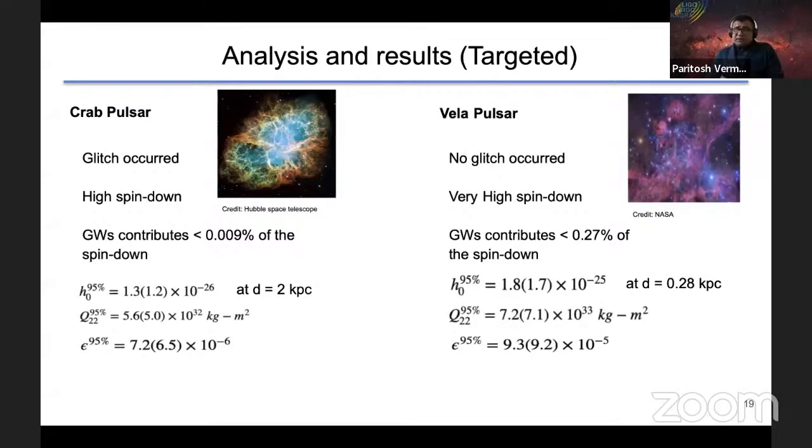If you see the numbers below, this gives the 95% credible limit on amplitude, quadrupole moment, as well as ellipticity. And the numbers in the parentheses mean we performed this search using restricted orientation, which means inclination angle 1.